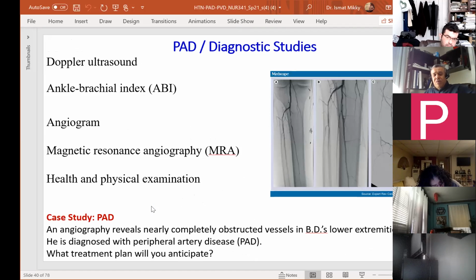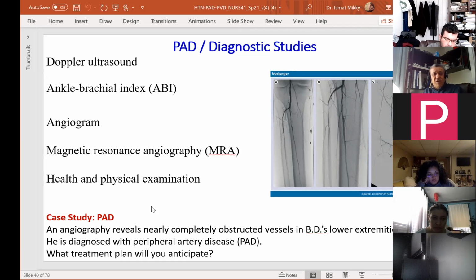We will cover this especially for post-op, for two things: for severe PAD, so we can detect severe ischemia before it reaches a point where there will be necrosis and then amputation, and also post-op to prevent closure, which is post-graft closure or post-graft occlusion, one of the post-op complications.